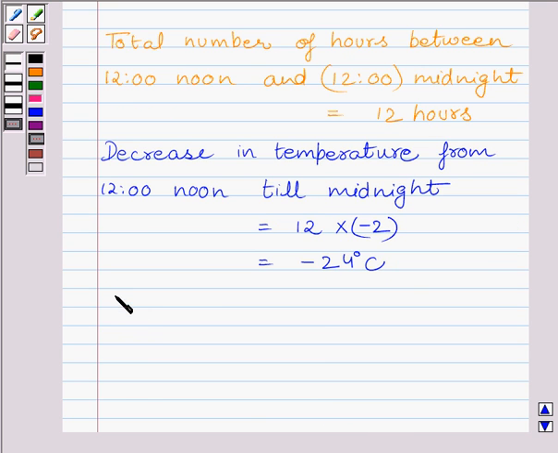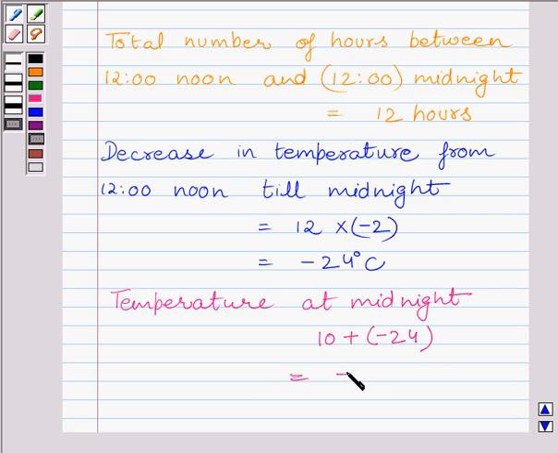So we can write temperature at midnight is equal to 10 plus minus 24, which is equal to minus 14 degrees Celsius.